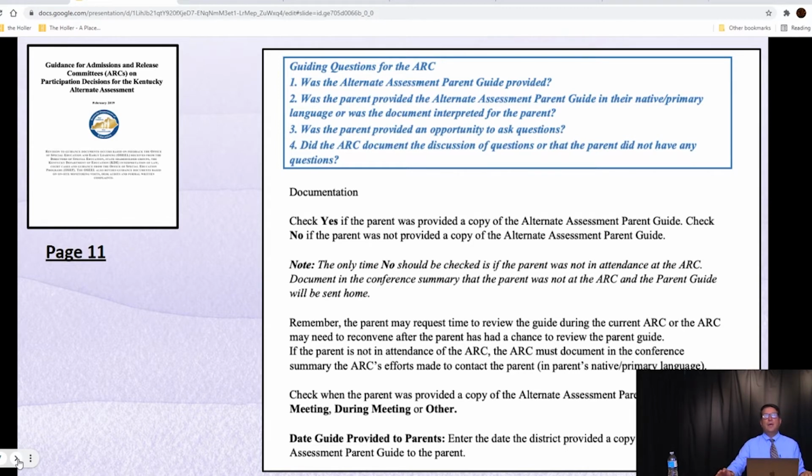So certainly it gives you some step-by-step instructions here. Remember, we told you this was your instruction guide, and then we're going to look to see from the record review document that you meet the mark, that you get a good grade, that you pass the compliance piece, and that in fact this student is eligible for participation in alternate assessment.